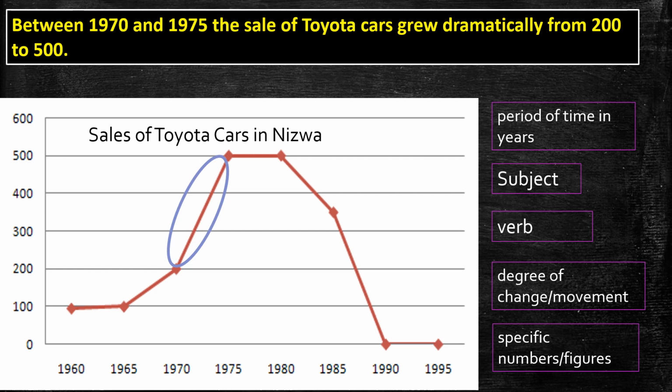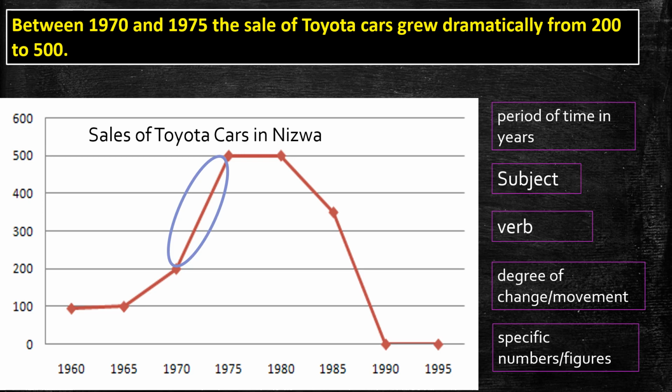Because we have used the word went up in the previous sentence, do not repeat the same vocabulary again and again. So we use a new vocabulary here, which is grew. And there the difference was from 100 to 200. So it was slight. But here you see the difference is from 200 to 500. That's a big difference. So we use the word dramatically, adverb here, from 200 to 500.